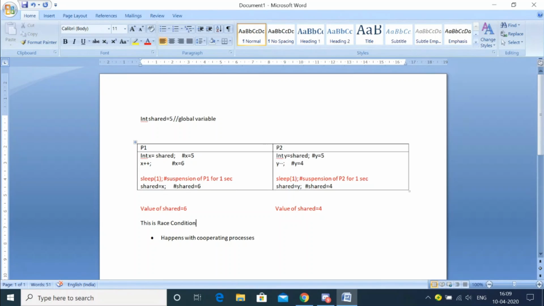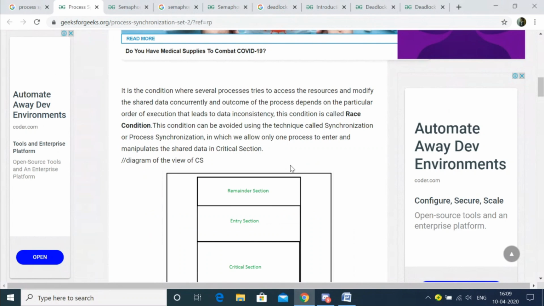Okay, so this is because there is no synchronization between the two processes. So to overcome that, we have process synchronization. All right. Now, whenever a code is being executed, okay, so let's see. Okay, this is race condition.